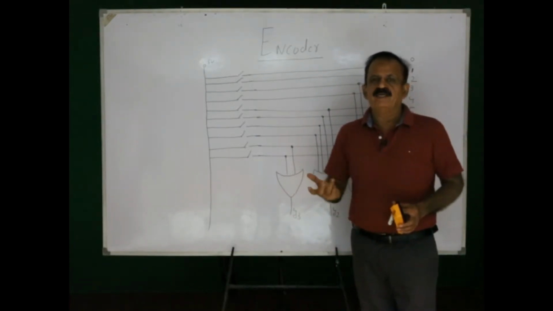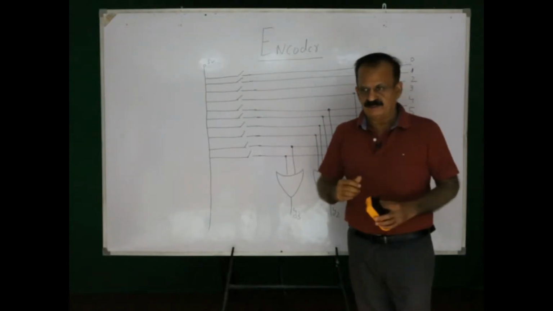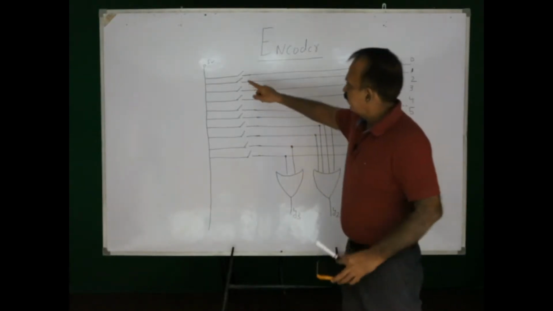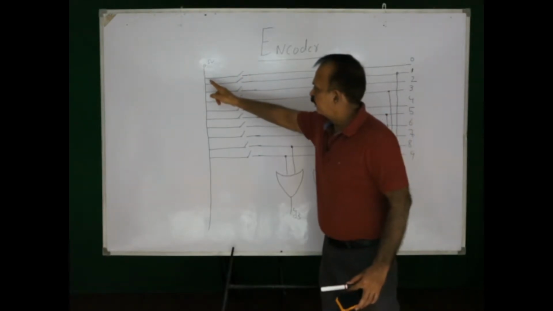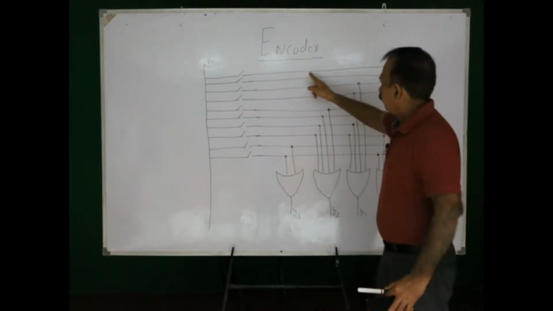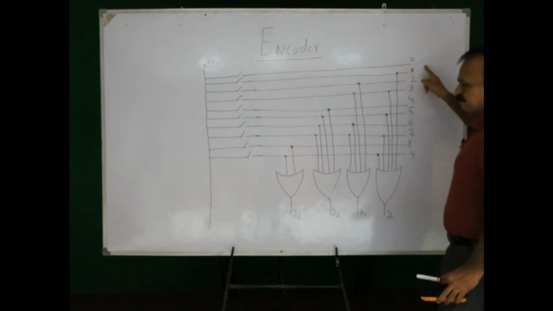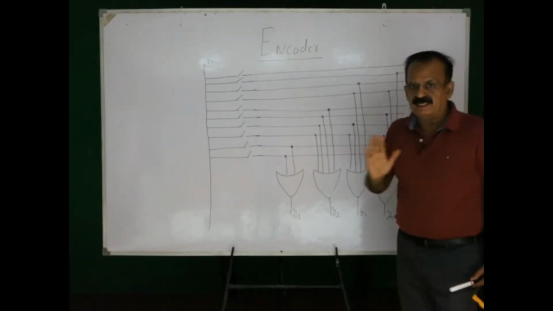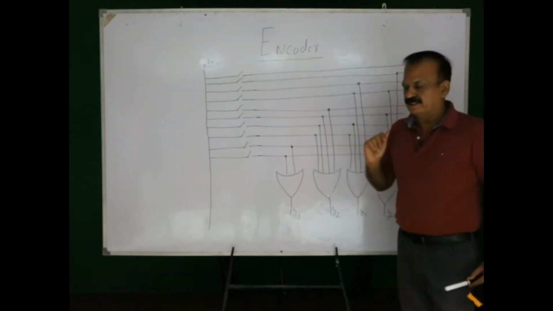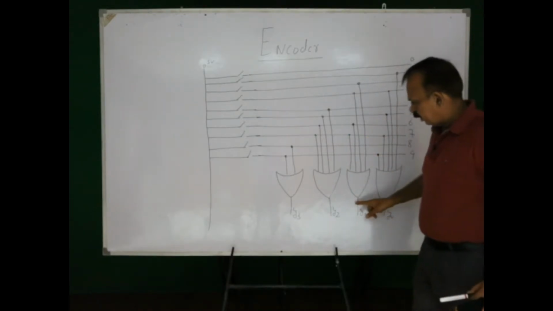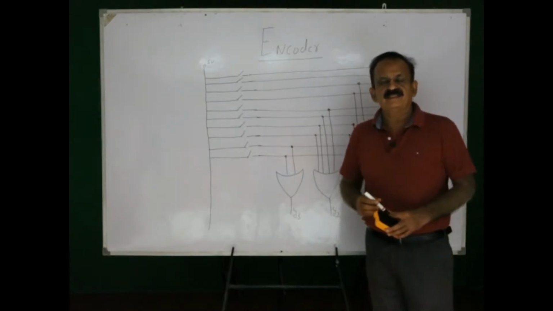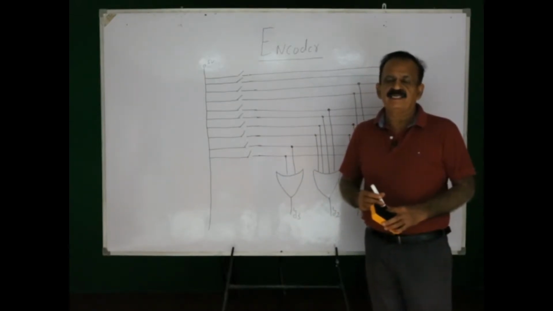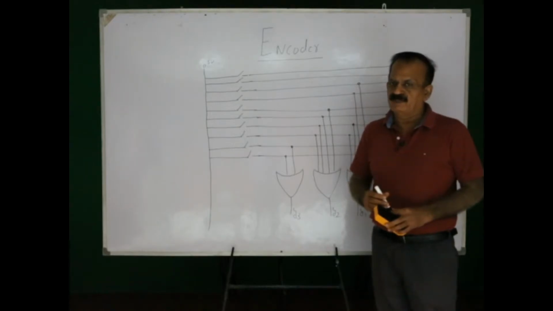Now, we will check the working of any 2 or 3 options. First, I press the key for 0. There will be current in this topmost horizontal wire. This wire is not connected to any of the OR gates, so the outputs of the OR gates will be 0, 0, 0, 0, which is the binary equivalent of the number 0.